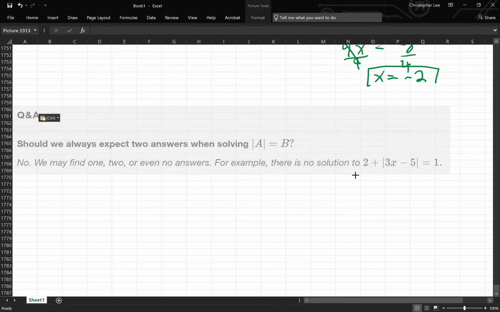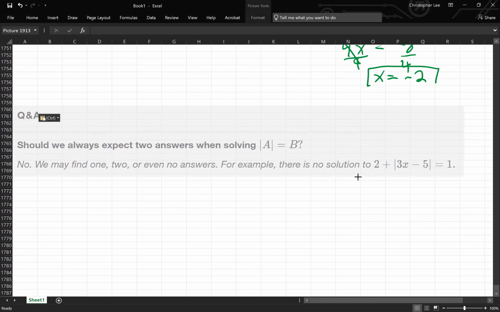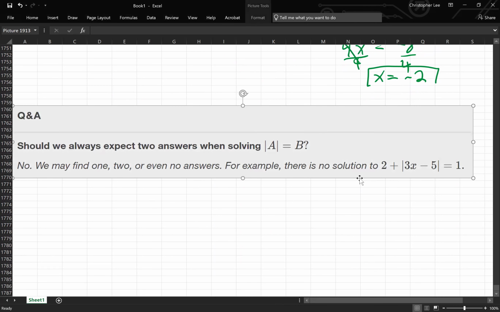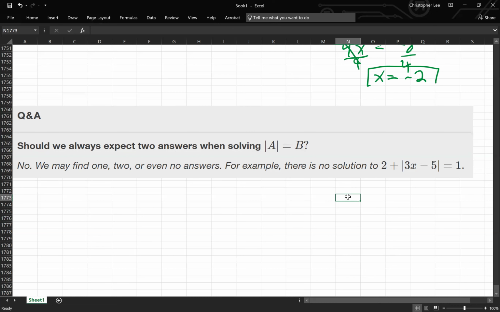So should we always expect two answers when solving the absolute value of a is equal to b? No, we may find one, two, or even no answer. For example, there is no solution to 2 plus the absolute value of 3x minus 5 is equal to 1. How do I know? If I subtract 2 from here, what I do to one side I have to do to the other.